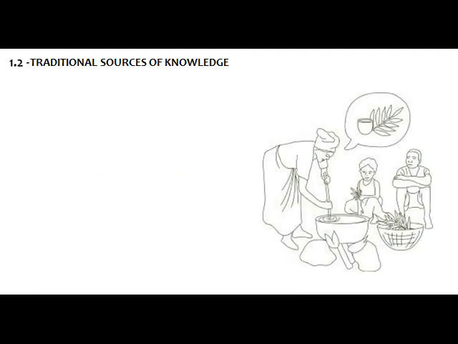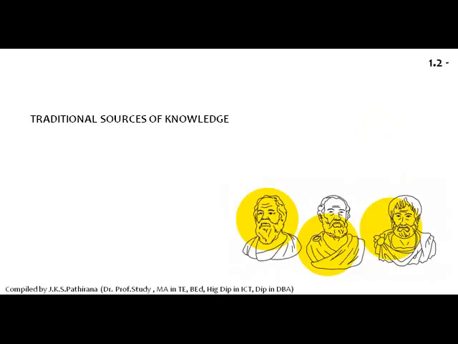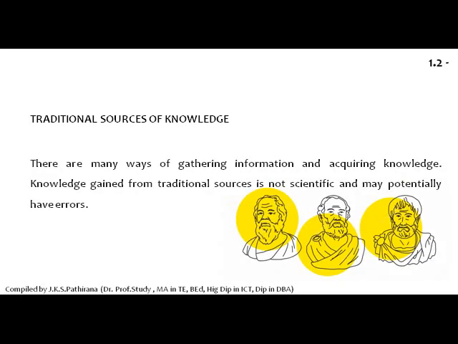Traditional sources of knowledge. The following are the common sources of knowledge: common sense and personal experience. There are many ways of gathering information and acquiring knowledge. Knowledge gained from traditional sources is not scientific, and may potentially have errors.